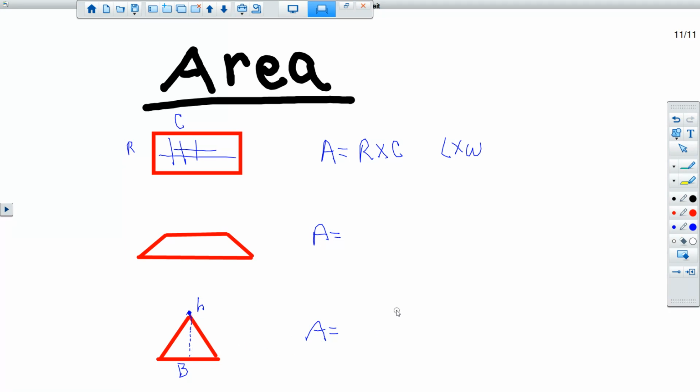And what we have is we're basically going to do the same thing. And I'm going to show you how that works. But instead of length times width, we are going to call this base times height. But it's not just base times height, because that'd be like length times width. It's really going to be 1/2 times base times height.